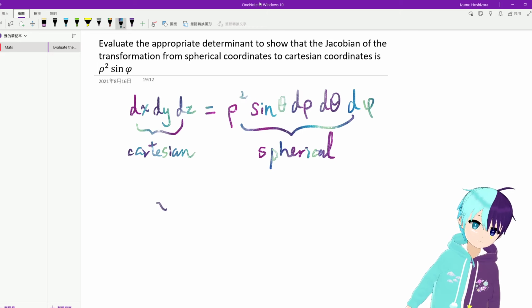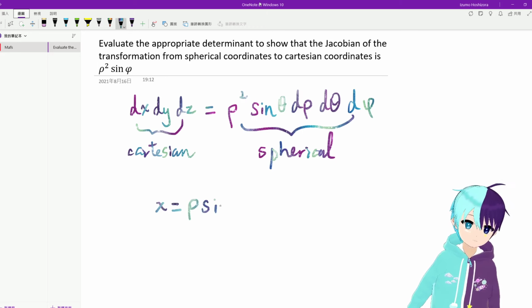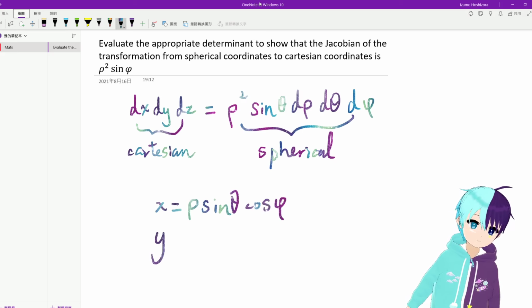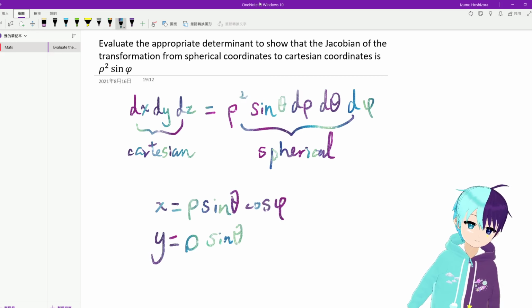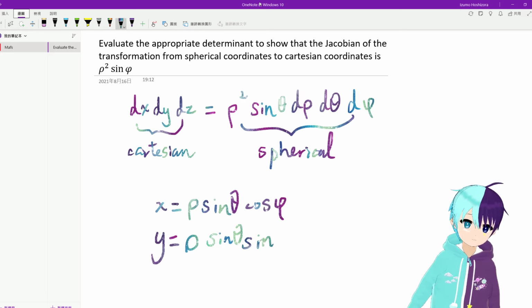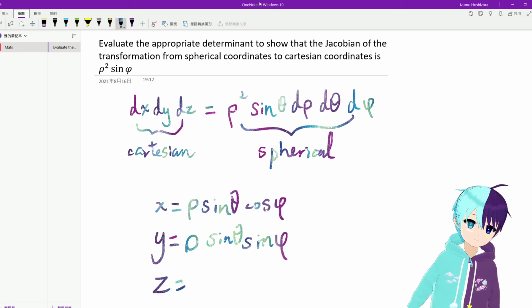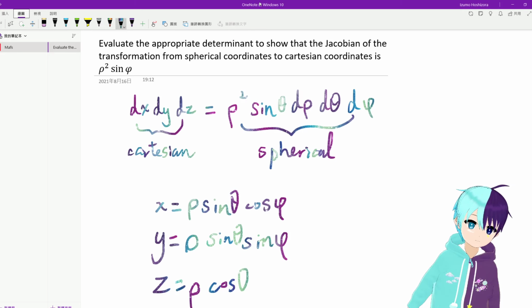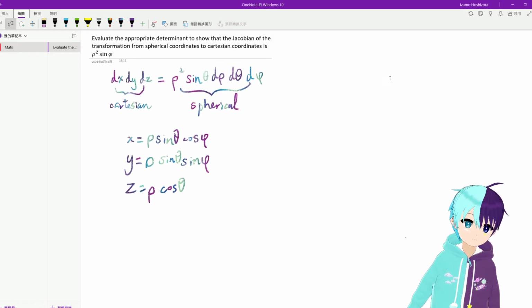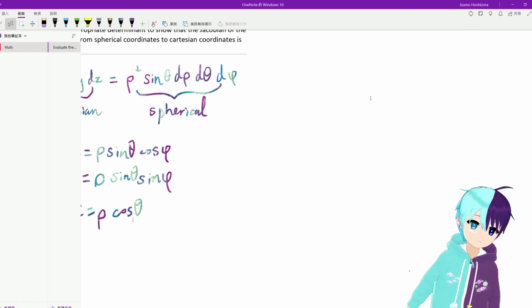We have x is equal to rho sine theta cosine phi, and y is equal to rho sine theta sine phi, and z is equal to rho cosine theta. So with these variables in mind, we could now compute the Jacobian matrix.